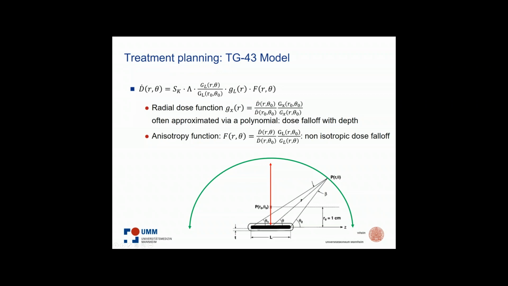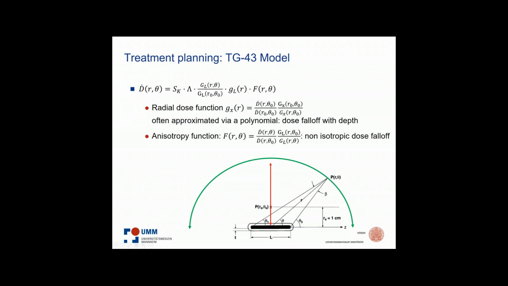And by this term we describe how the dose rate drops off relative to the reference point as a function of the radius, the distance. So as you go along this red line, you vary that, and this describes how this works. This is what we have to essentially do.